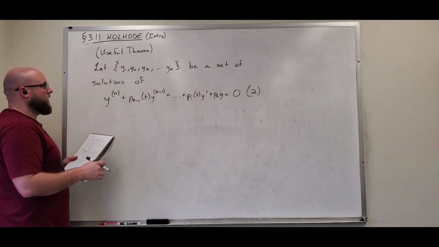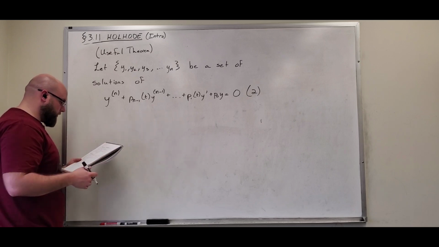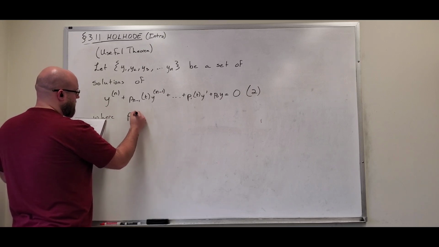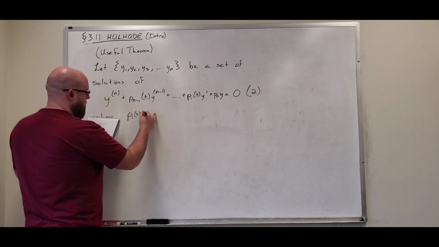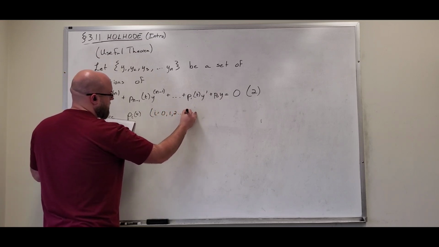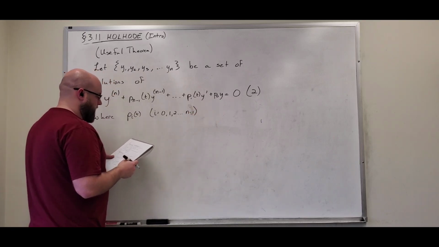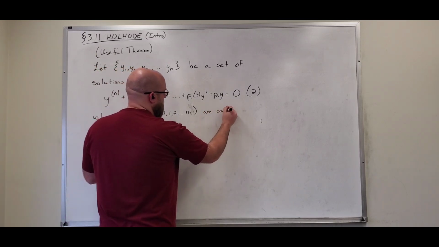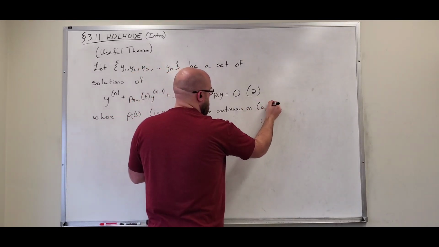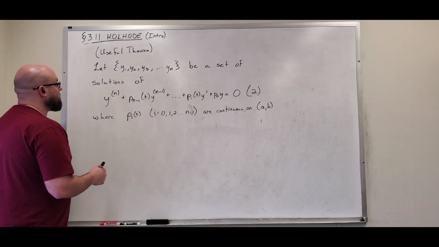So if we have that this is a set of solutions for this nth order homogeneous differential equation, where p sub i of t, here i goes from 0 to n minus 1, are continuous on (a, b), then the following are equivalent.